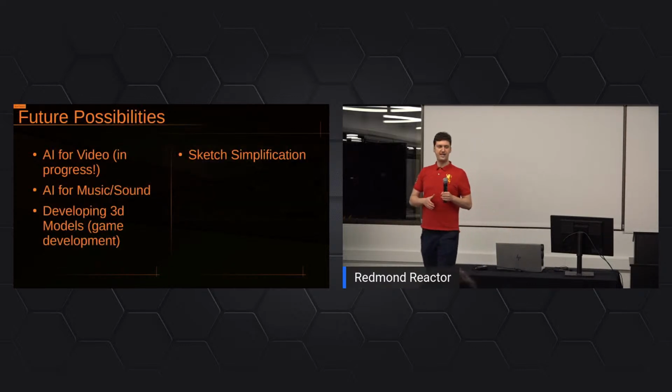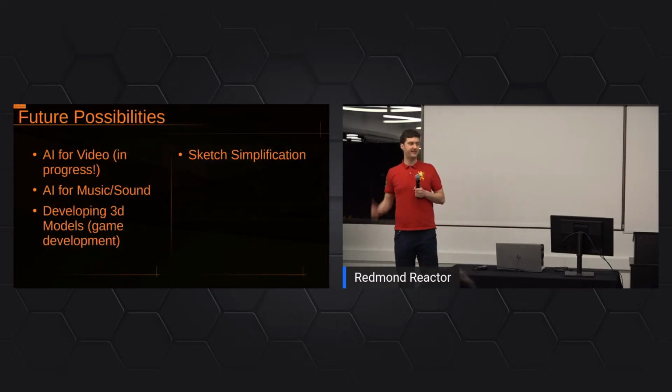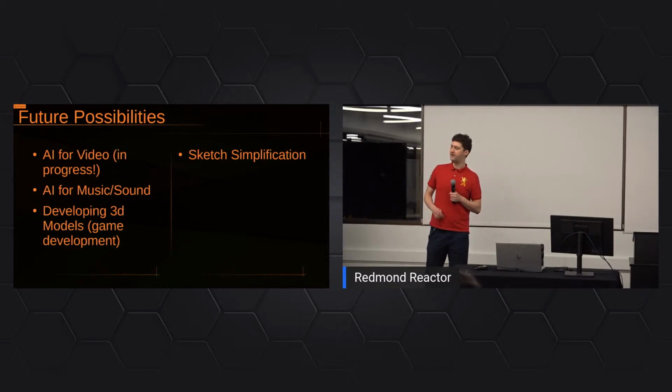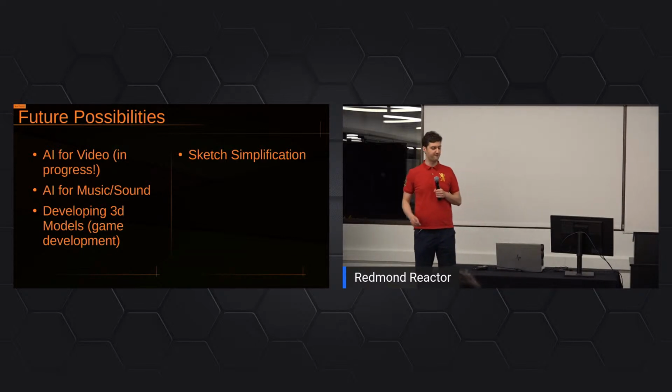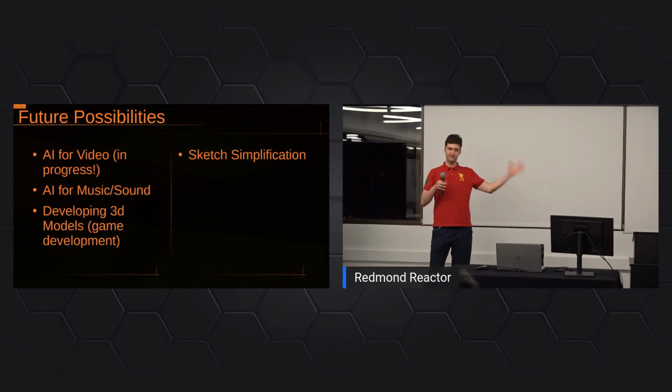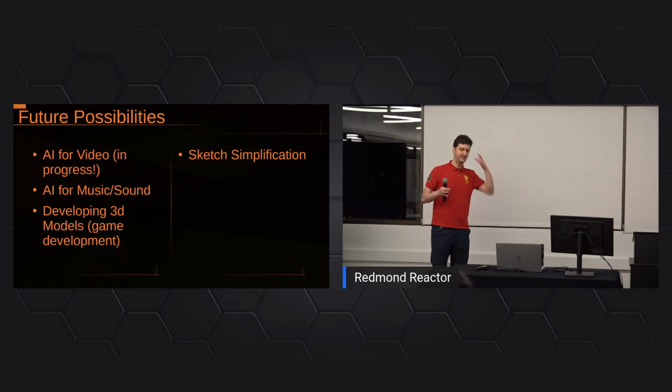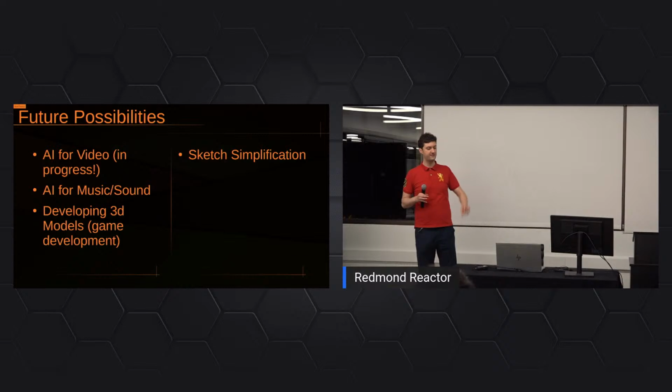So now that we've learned about the current techniques that are most popular and in widespread use at the moment, let's look at the future possibilities that are just in their infancy. These include AI for video, which is basically taking this same principle and using it to generate videos instead of images, which is already in development in some sense.